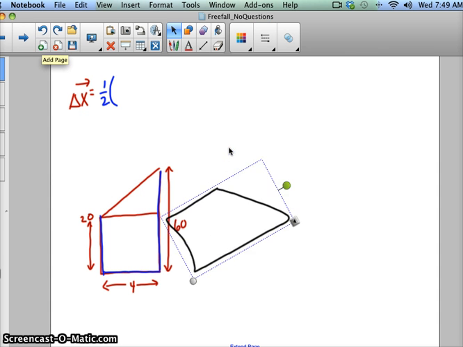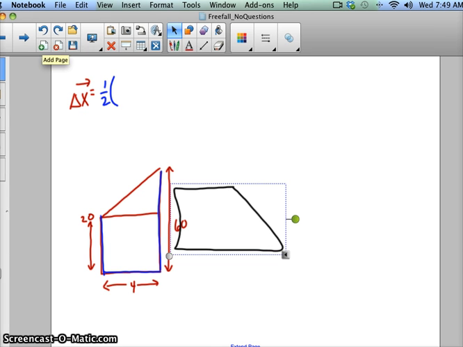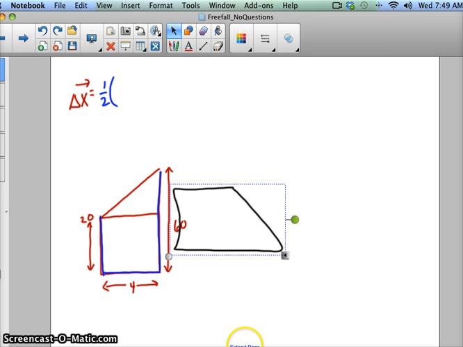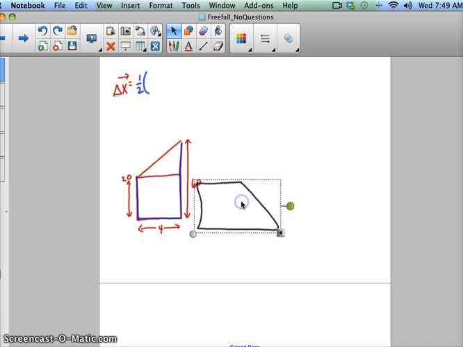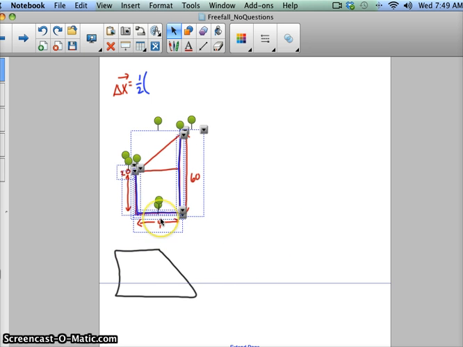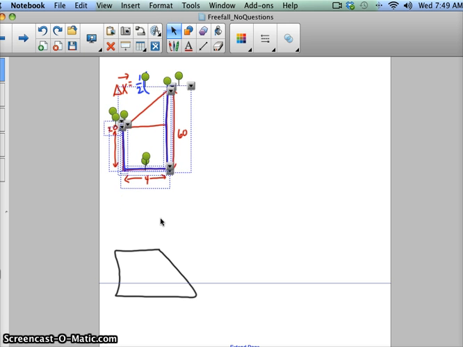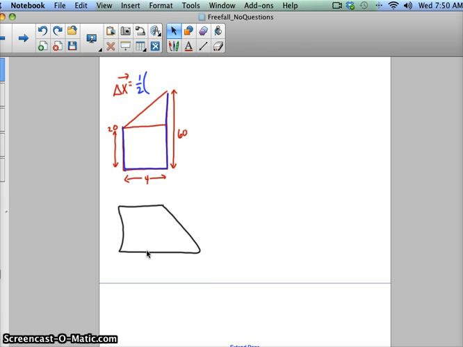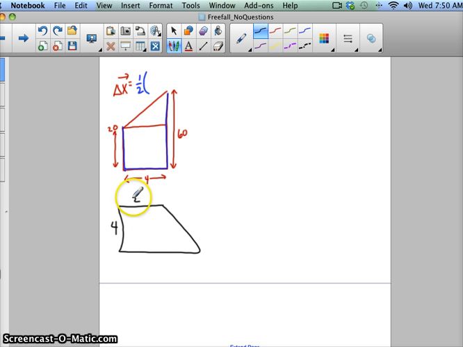So if I tilt this sideways, sometimes that makes it easier for people to see. I tilt this thing sideways, right? Move this up a little bit. There we go. You'll see that this is 4, this is 20, and this is 60.